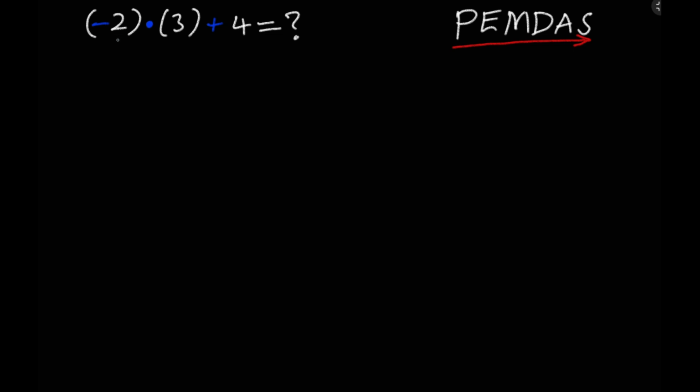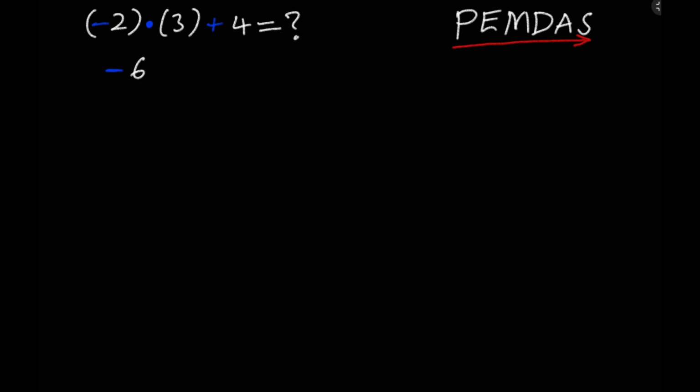Okay, you have negative 2 multiplied by positive 3. Now, because the signs are different, a negative sign and then a positive sign, the result is going to be a negative sign, okay? So 2 multiplied by 3 is 6.